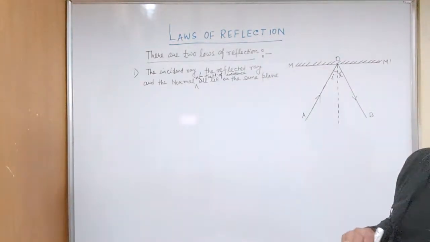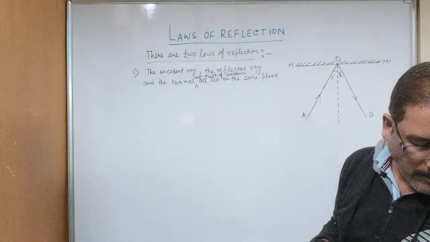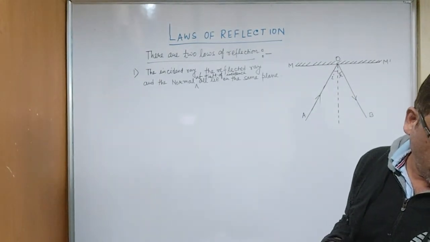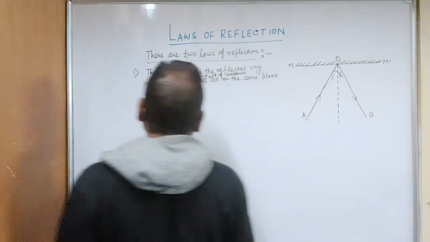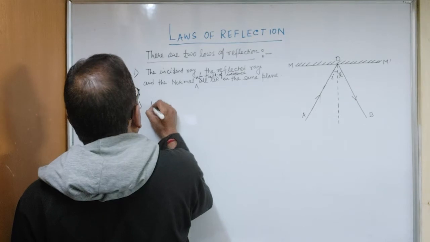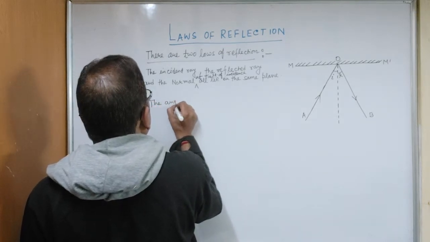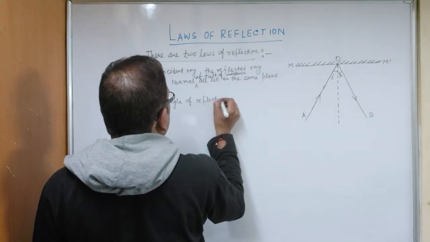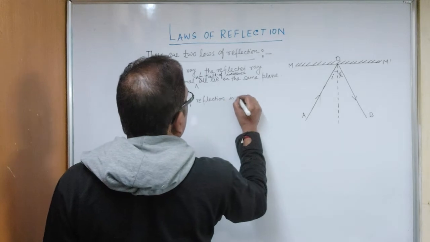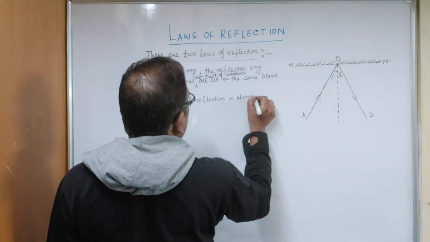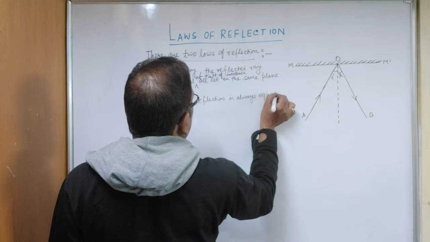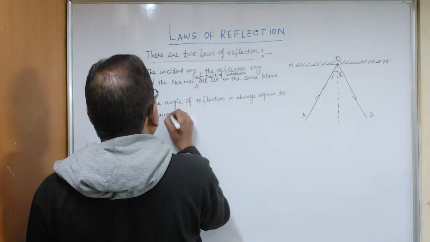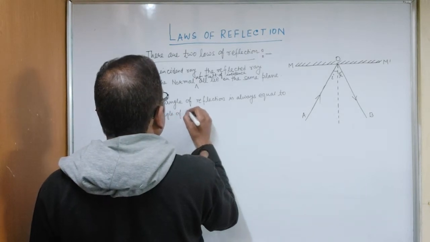Then the second law states that angle of incidence and angle of reflection are always equal. The second law is: the angle of reflection is always equal to the angle of incidence.